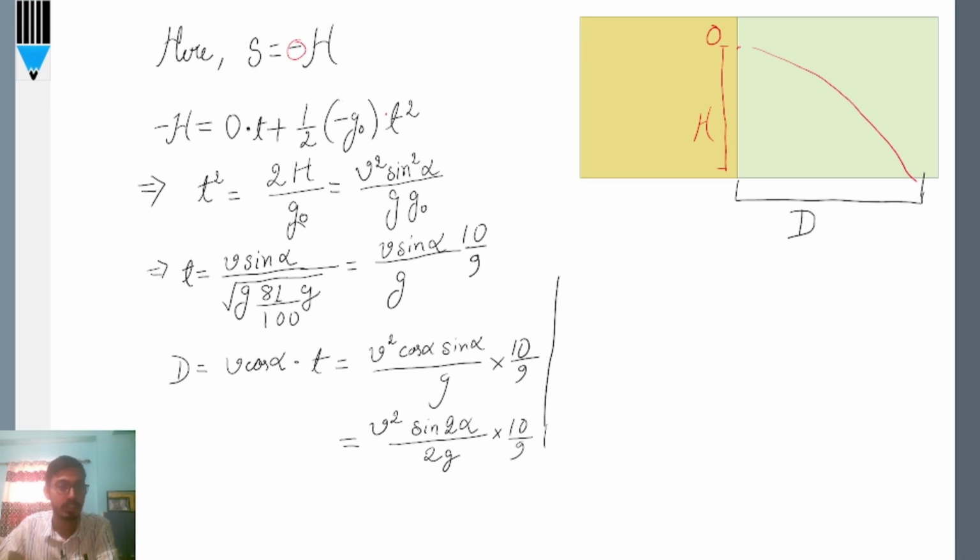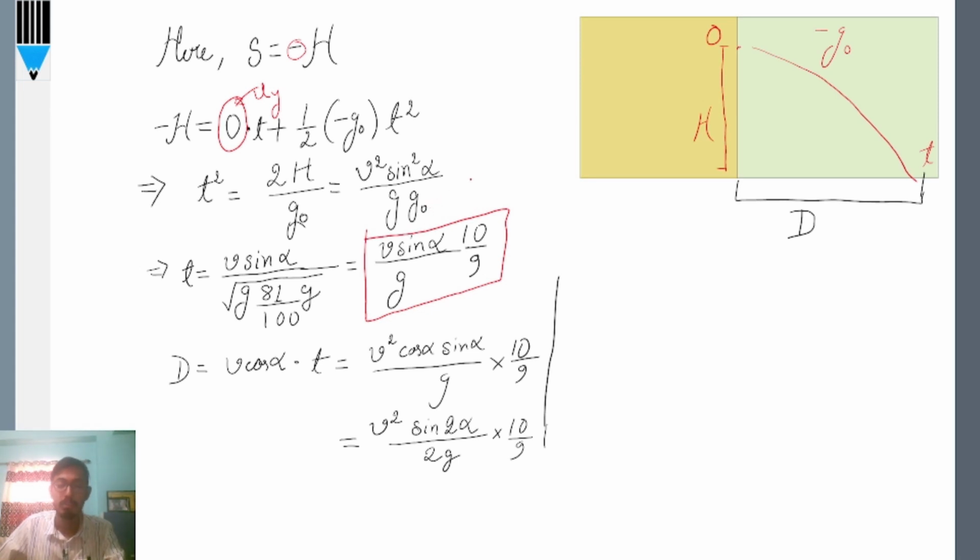s is equal to ut plus half at square. Along the y axis, uy is 0 obviously, because we are at the highest point, and the acceleration is minus g naught in this part, and the time taken to reach here is small t. Solving, we get v sin alpha by g into 10 by 9.